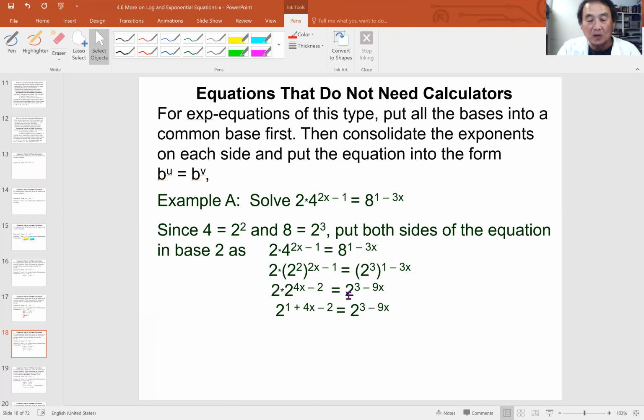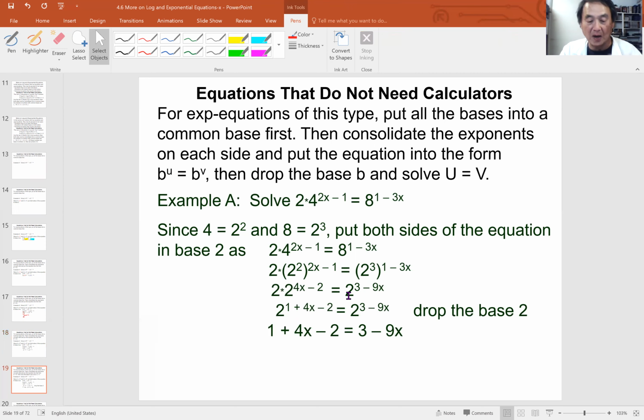So I can simplify the exponents a little bit more. And now I have the exponential, 2 raised to two different exponents, turns out to be the same. So the exponents have to be the same. So I can extract the exponents, and in this case it's a linear equation, and then I solve the linear equation accordingly.